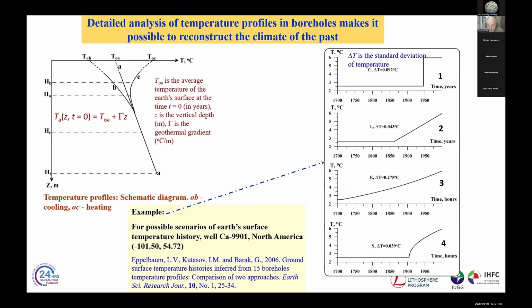Second, we need to begin the temperature measurement after some time, at least 4 or 5 times exceeding the time of the drilling of the borehole. And third, the geological section where we perform this measurement must be homogeneous, uniform.